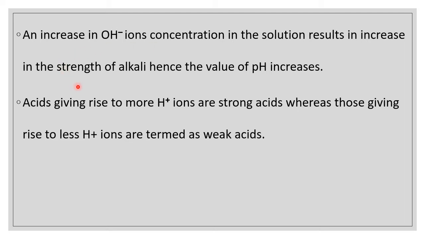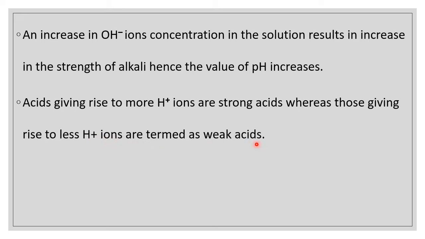Acids giving rise to more H plus ions are strong acids. The one which gives more H plus ions in a given amount of liquid becomes a strong acid. A strong acid gives H plus very easily, whereas the one which gives less H plus ion is termed a weak acid. Both are acids only.